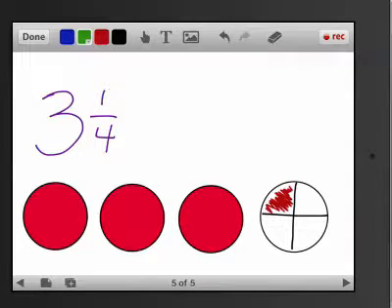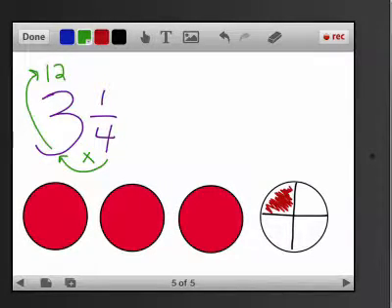Remember, first I start with my denominator at the bottom and I multiply these together. 4 times 3 is 12. I'm following my circle around and I'll write my 12 up there. 12, do you remember what you do with the numerator now? 12 plus 1 is 13.